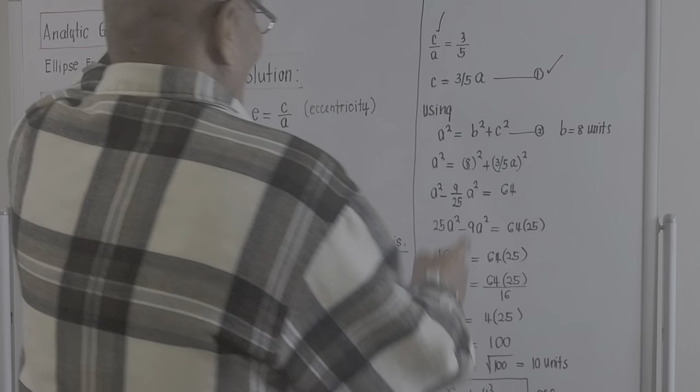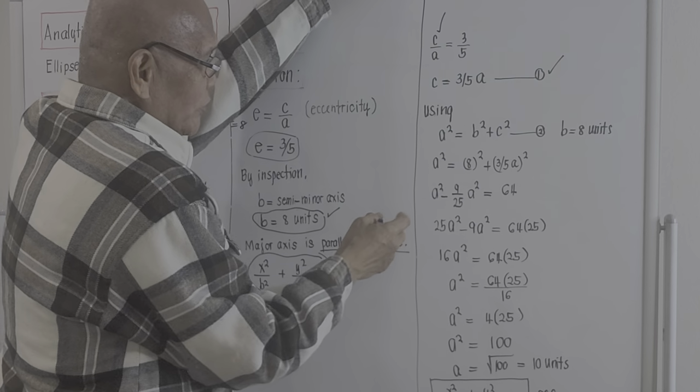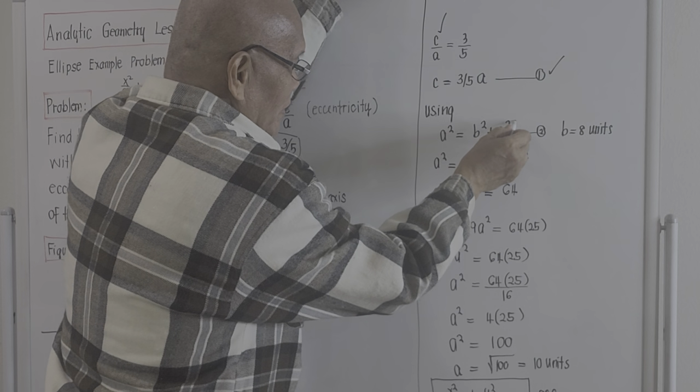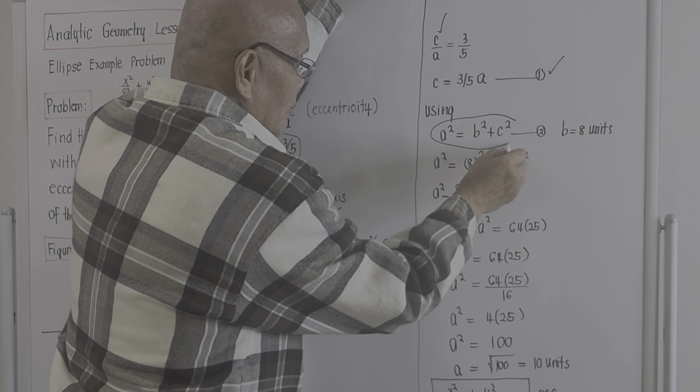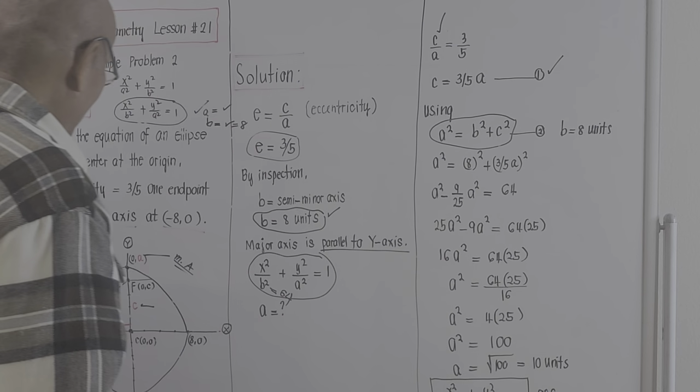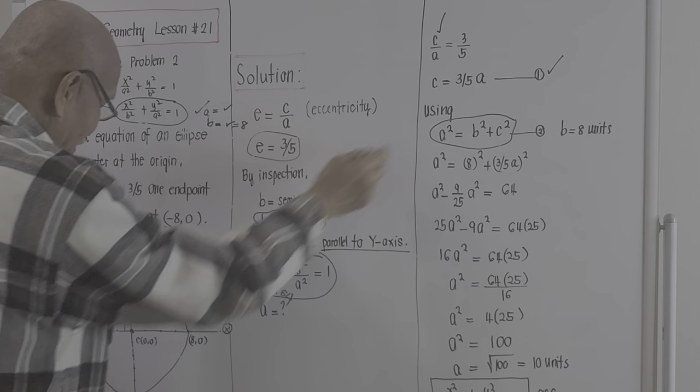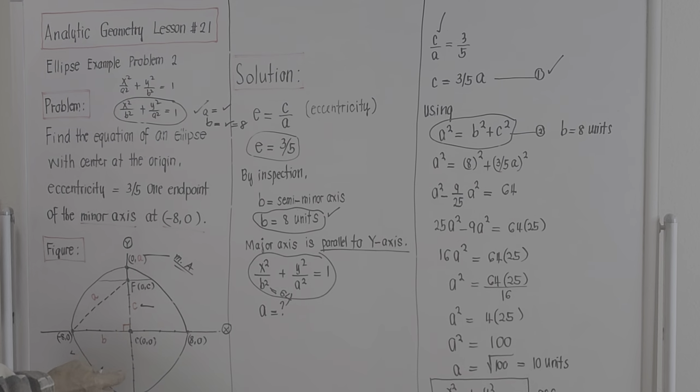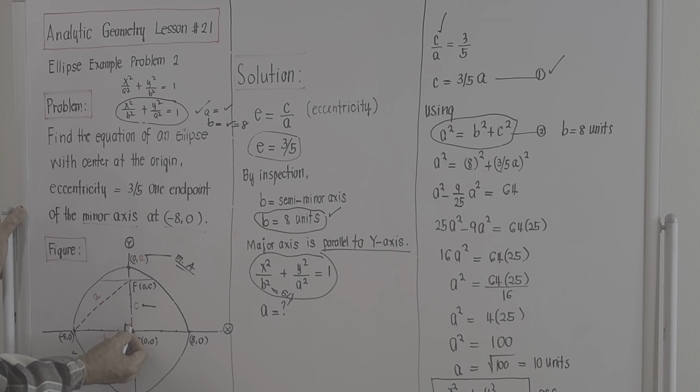Okay, that will be equation number 1. And using the relation A squared equal to B squared plus C squared for an ellipse, this one here emanates from this one. If this is B, and this is C, and this is A, and this is a 90 degree, we use the Pythagorean theorem.